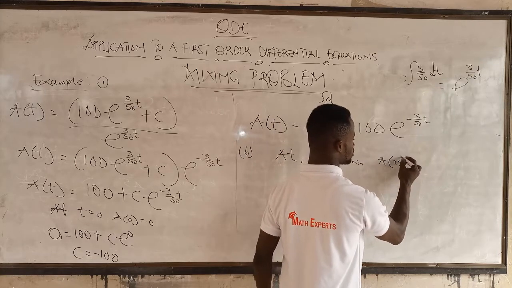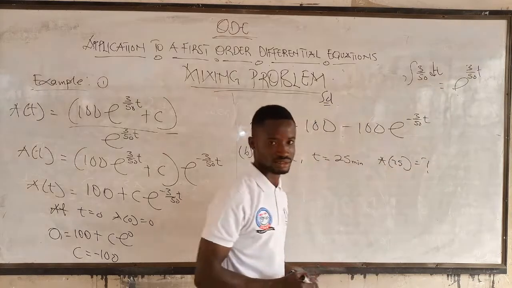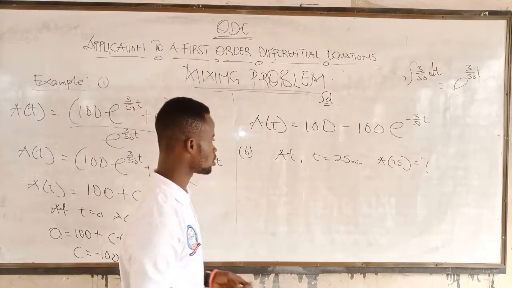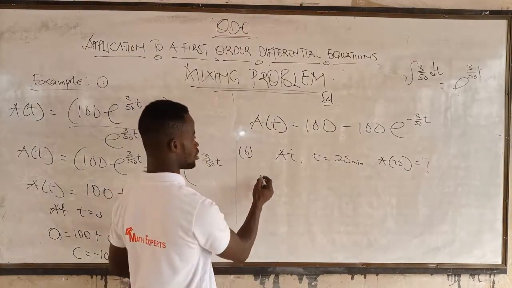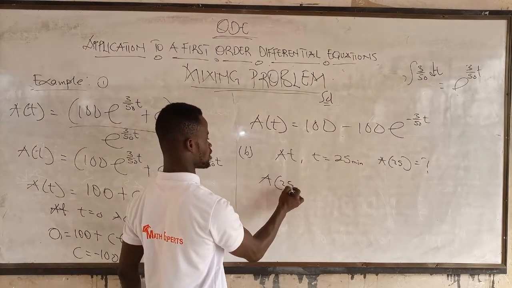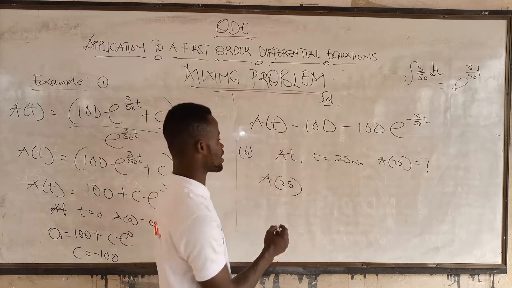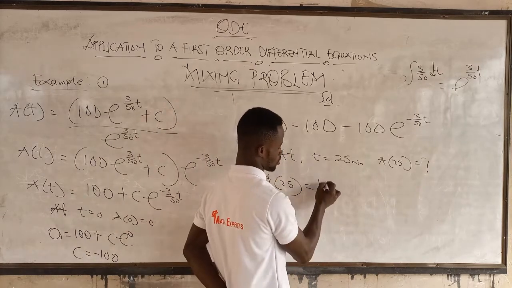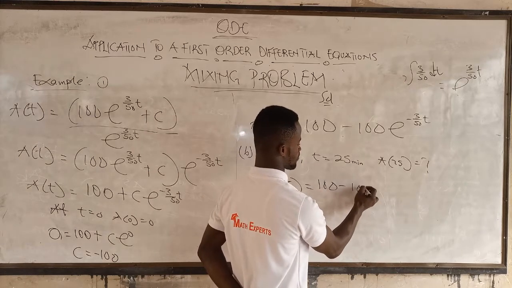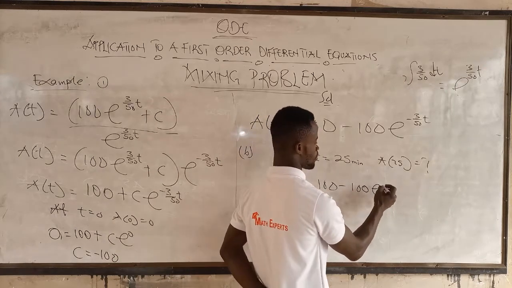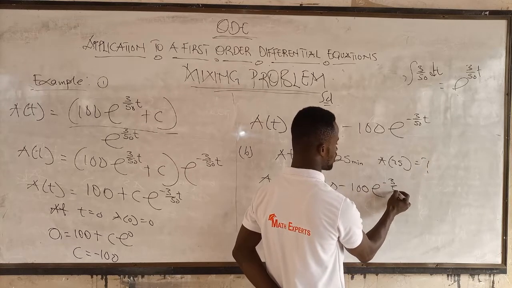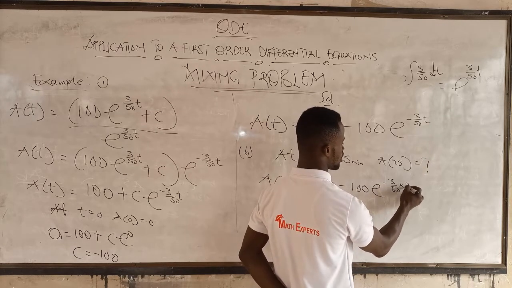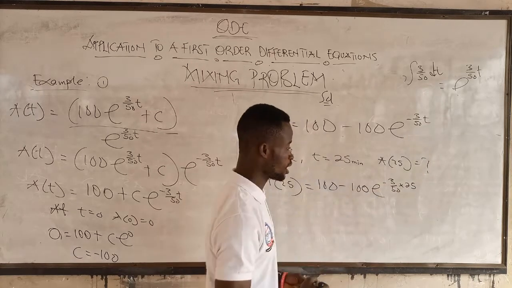So now, A of 25, wherever you see t, put 25 there, is going to be 100 minus 100 e raised to the power negative 3 over 50 times 25.